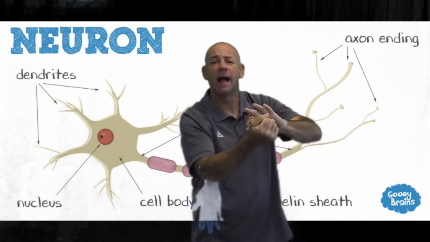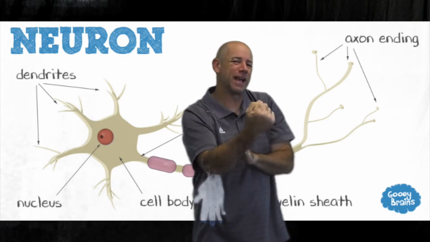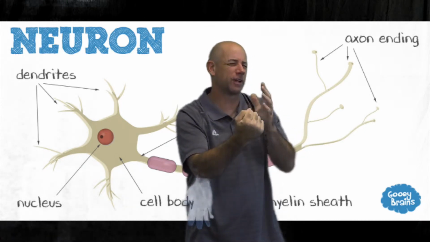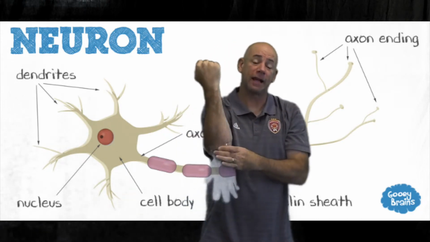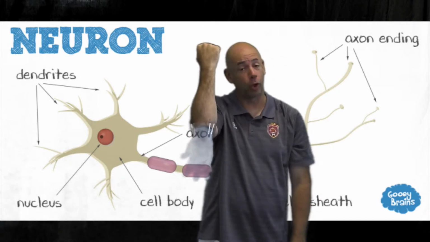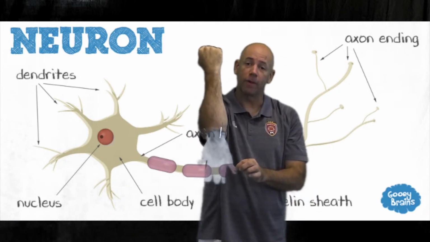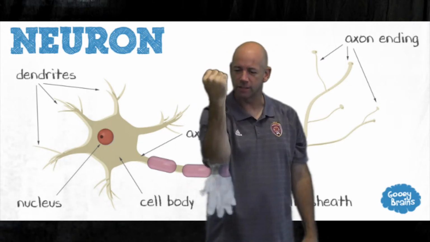Try it one more time. Axon. And finally, it reaches the end of its journey in the neuron. And this all takes fractions of seconds to where it gets to the axon terminal. And obviously, I don't have fingers growing out of my elbow. So I've attached this glove, but you really don't need to do that. You can do this, but I'm going to use it in the next step here.